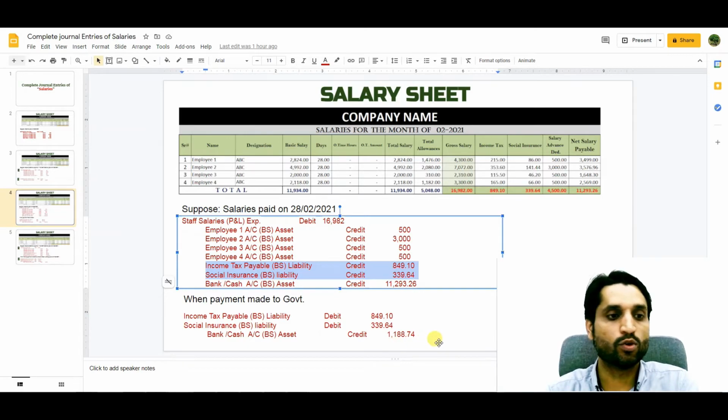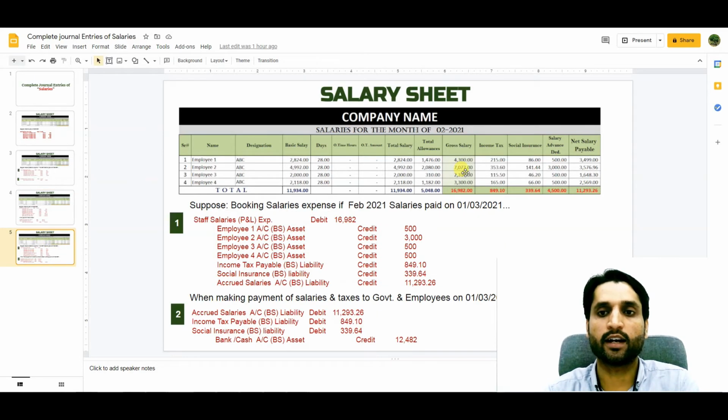Now let's move ahead to another scenario, the accrual scenario with the same salary sheet including the income tax, social insurance and loan repayments. Here, when the salary of February is paid in March, it means it is an accrual. So we need to book the expense as an accrual, which will be made as a liability of the company.